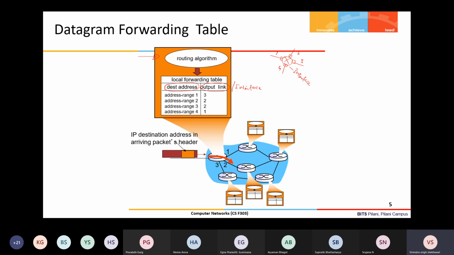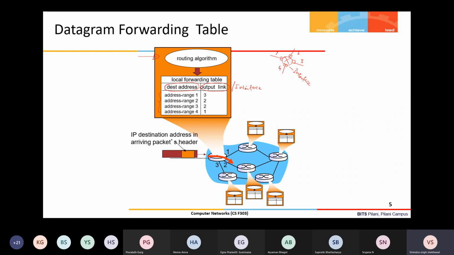Then the forwarding table should tell me exactly, for this destination address out of 2 power 32, to which interface I should forward, so that it can reach the destination.